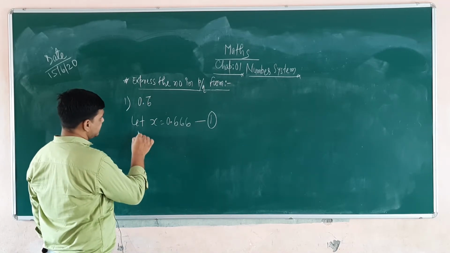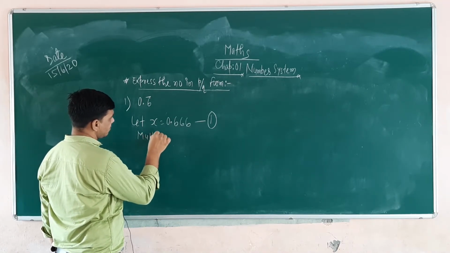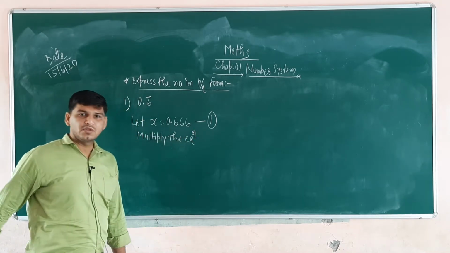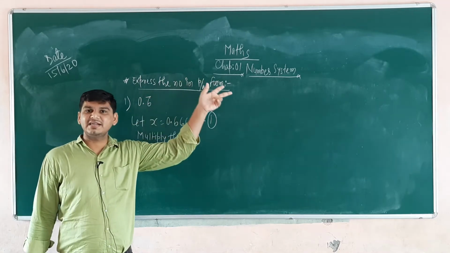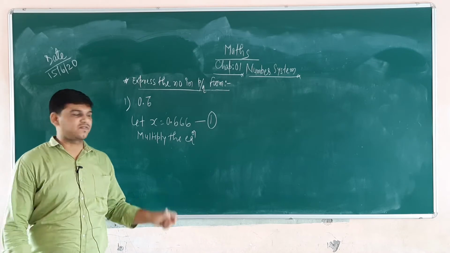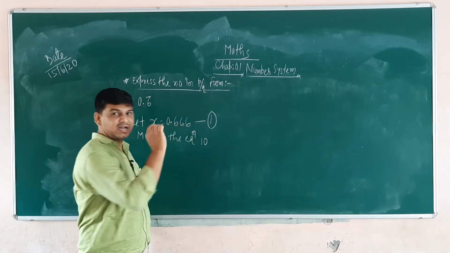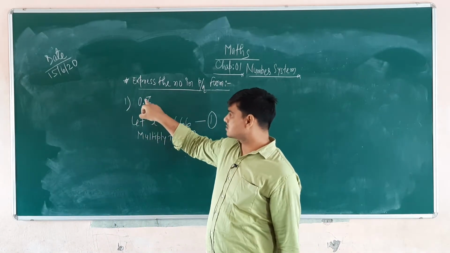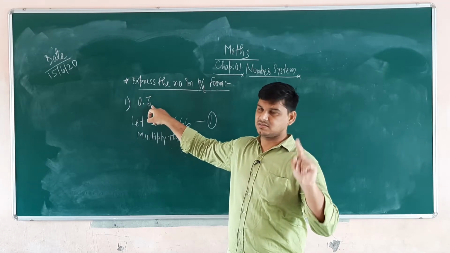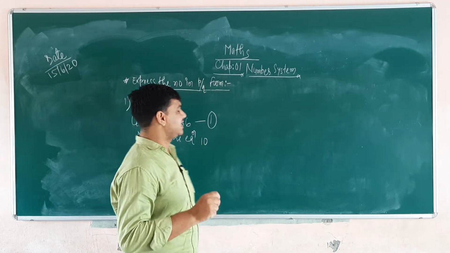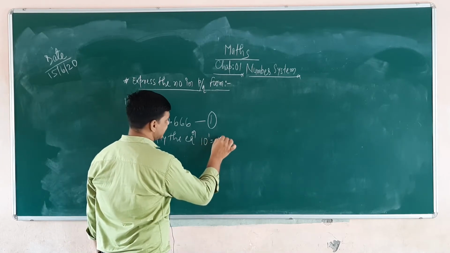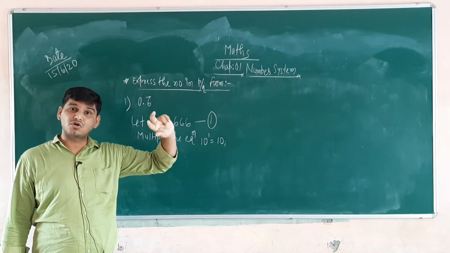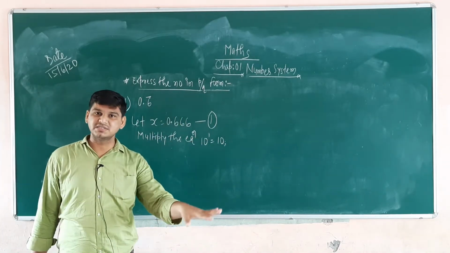When a decimal value is converted to p by q form, we always multiply by a base of 10, and the power can increase. Here the bar is on only one digit, 6, so we multiply by 10 raised to 1, that is 10. If two digits are under the bar, we multiply by 10 raised to 2, that is 100.